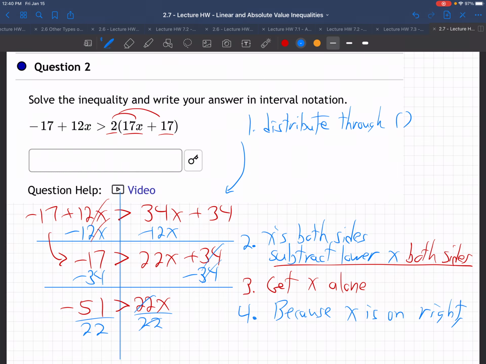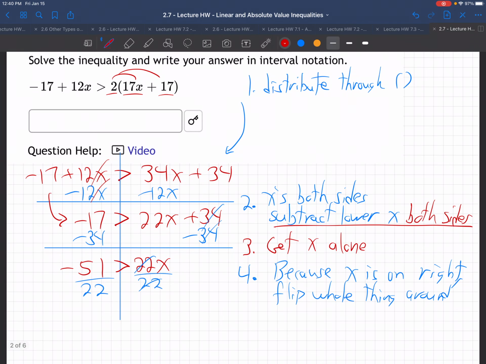It's really okay. You can leave it on the right, but students sometimes get confused. So because x is on the right, flip the whole thing around. What do I mean? Well, you can just turn the whole thing around. You can just put the x over here. You got to turn the symbol also, and the negative 51/22 over there.